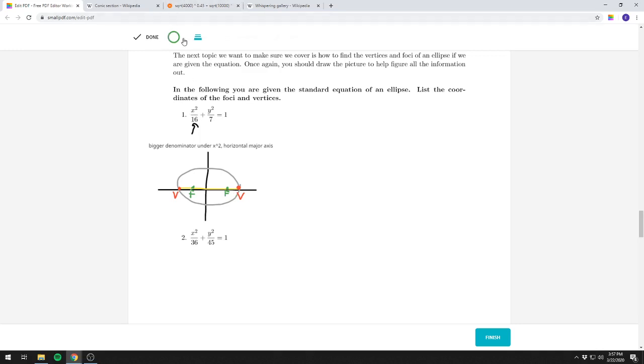One thing you want to just write down, like last time when we were given the foci and vertex, we wrote down what a and c were. Now we can write down what a and b are, or a squared and b squared. Right, so remember the denominators are not just a and b, they're a squared and b squared. A squared is the bigger one, which means a is 4 if we do the square root of each side.